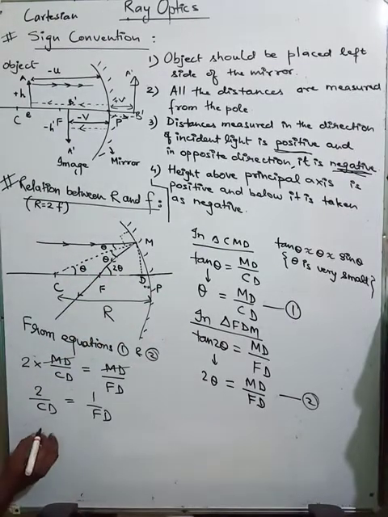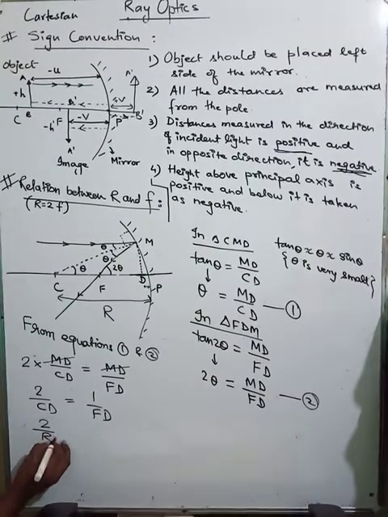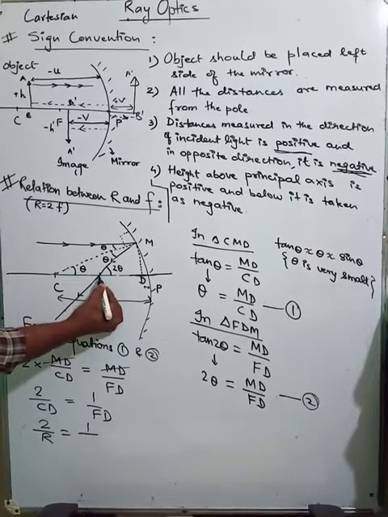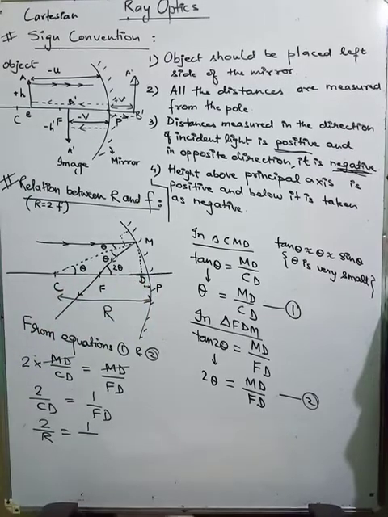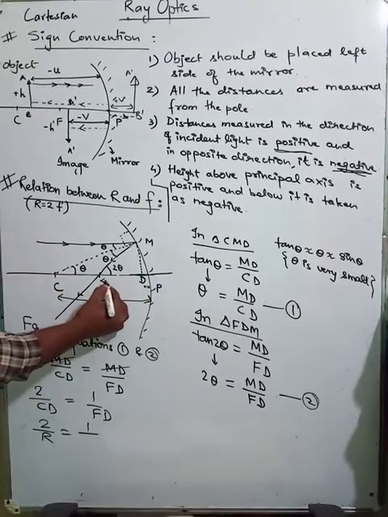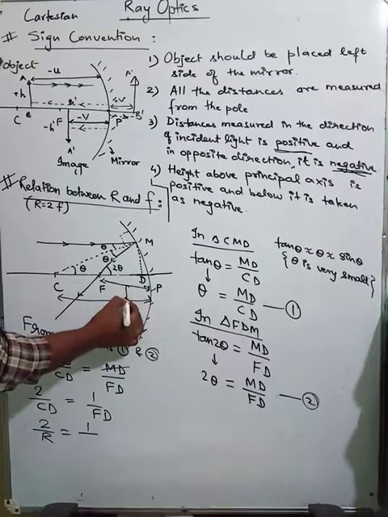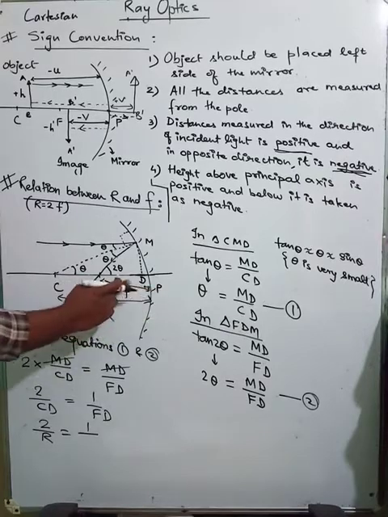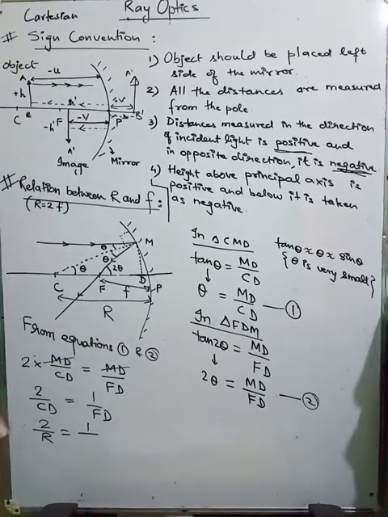So we write 2 upon R is equal to 1 upon FD. FD is nothing but the focal length. The distance from the focus to the pole is called the focal length.